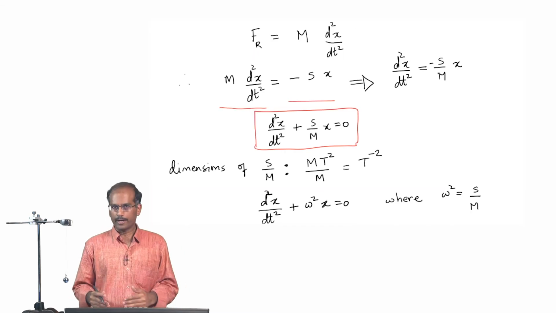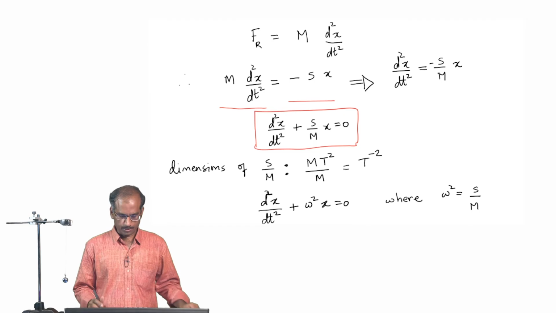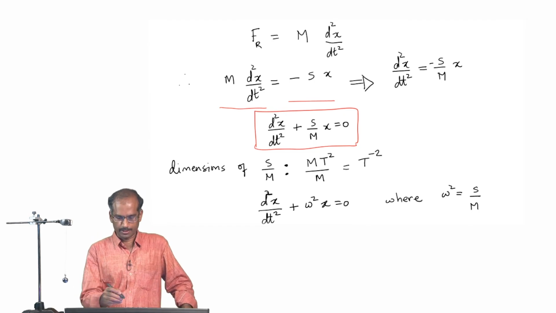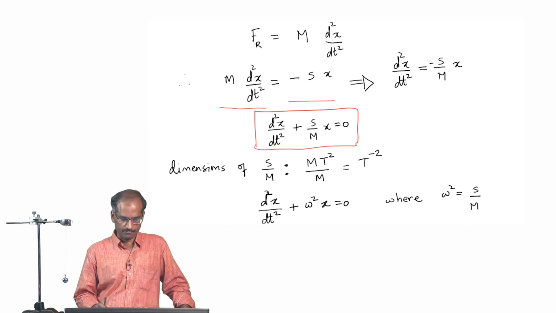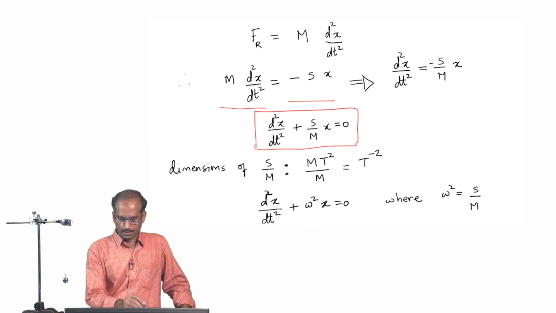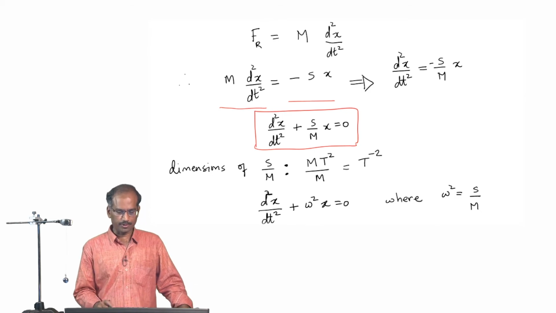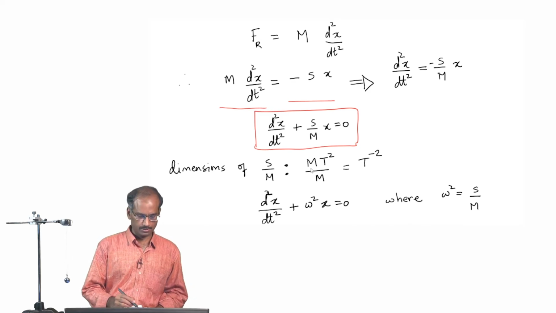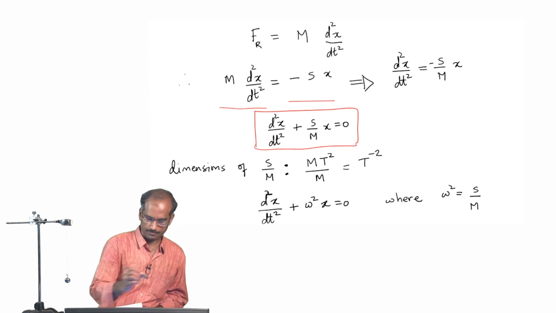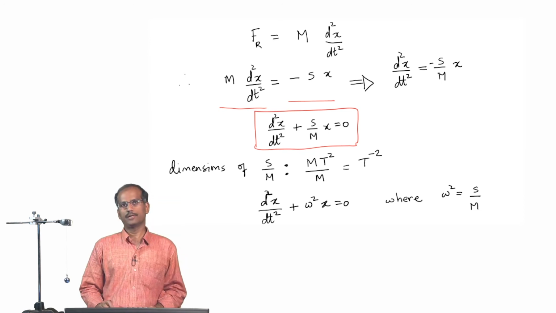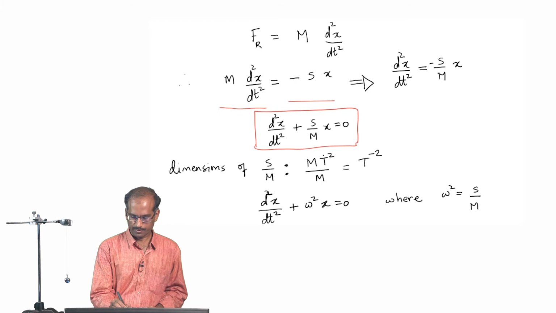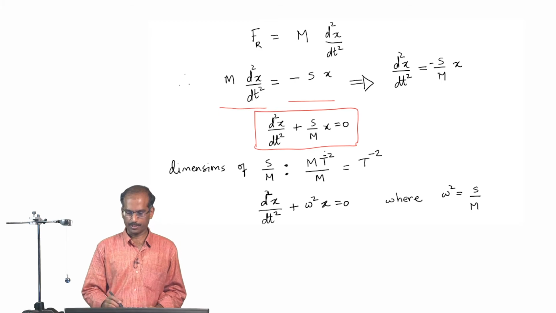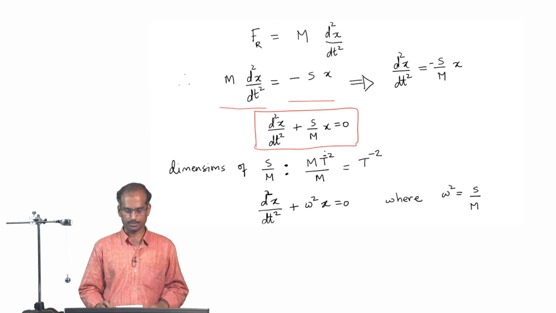Before we go ahead and test it with this pendulum, let us rewrite this equation in a slightly different form. Something useful for us is the dimensions of the quantity S by m. We saw that S has dimensions of M into T to the power minus 2, divided by M, which means it is T to the power minus 2.